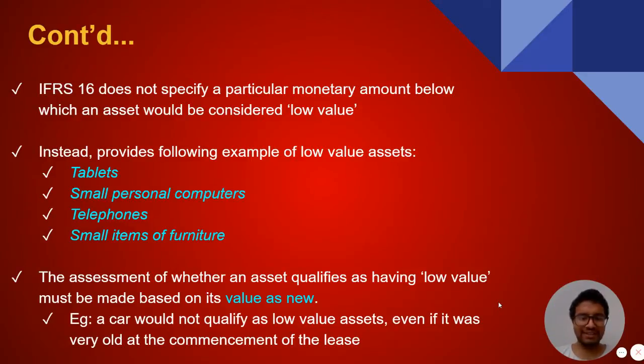You need to value it as if it is a new item at that time. So based on that assessment, a car would not qualify as a low value asset, because a brand new car would be costing thousands of rupees, or thousands of dollars, whatever currency you are in. So these things also need to be taken into account.